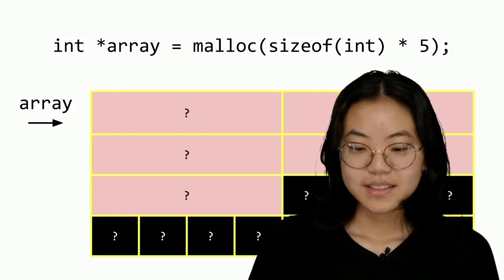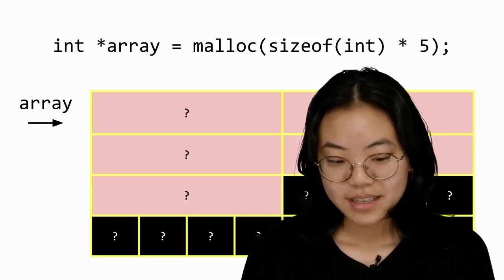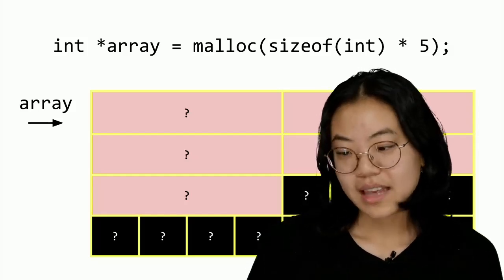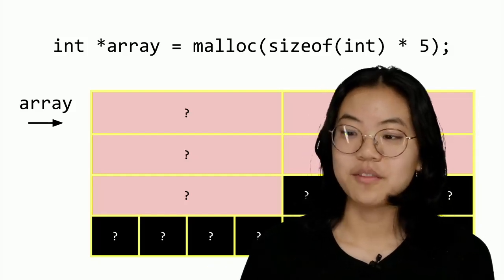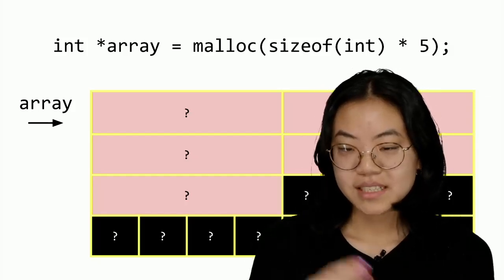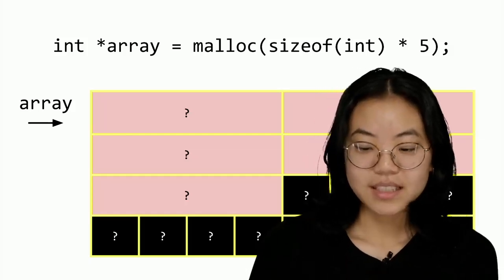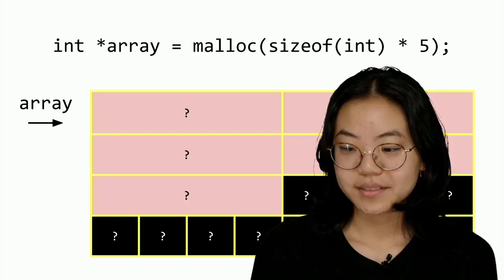Okay. So then if I wanted 4 more integers here, I can update my malloc call to be malloc and then give me the size of an integer times 5, that amount of memory. So now we have 5 contiguous pieces of memory, one after the other, and that's all pointed to at the beginning by the pointer array.